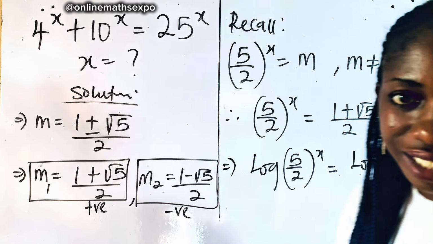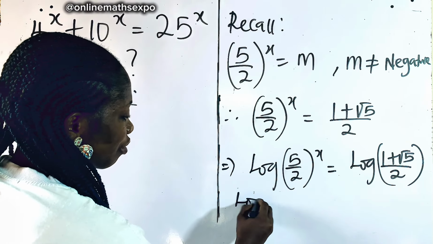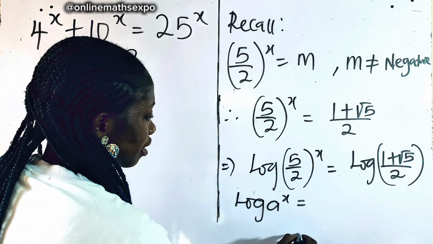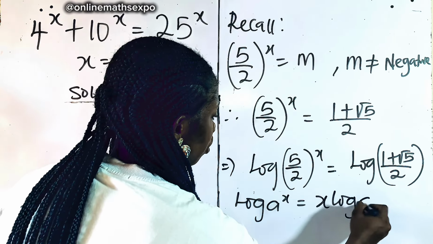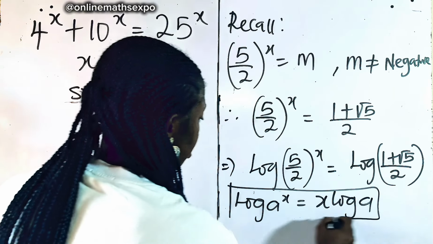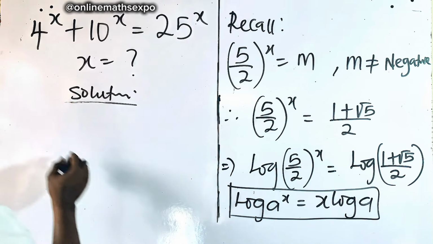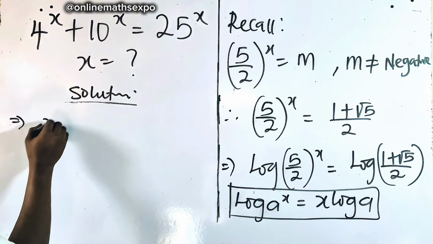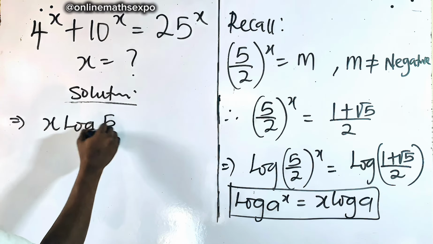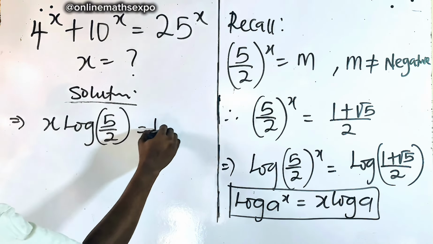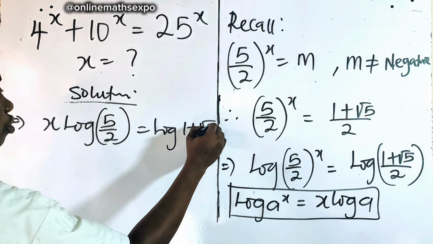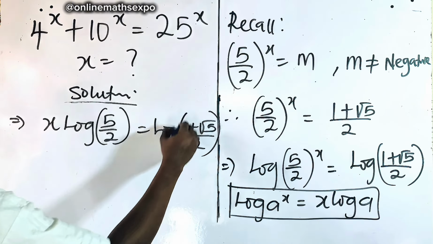Now, what do you do at this point? Just quickly remember this. Let's write it: for every log of a to the power of x, it's always x log a. So we're going to apply this on the left side. So if you do that, we are going to have x log 5 on 2 is equal to log of 1 plus √5 divided by 2.